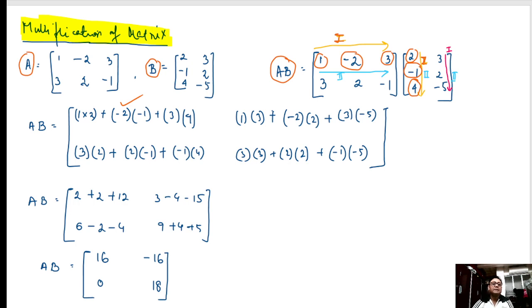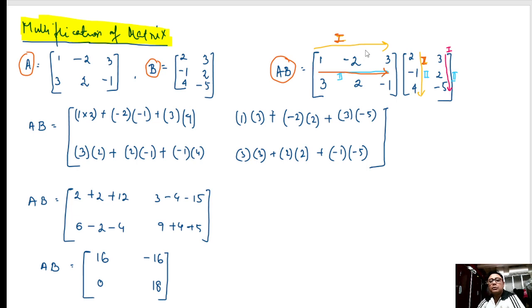Okay, next, the second column. This first row is multiplied with the second column. So see how I have written. First you have to complete the first row.